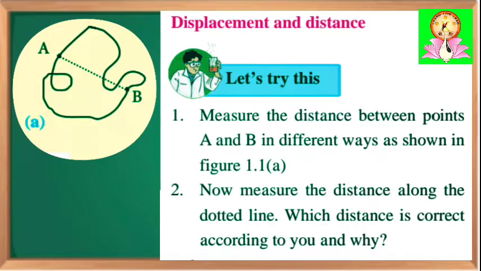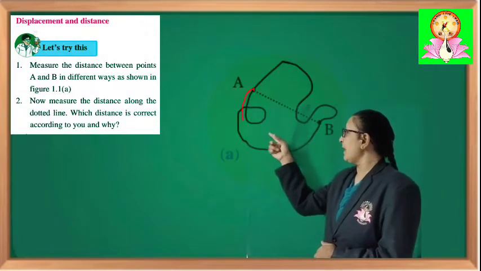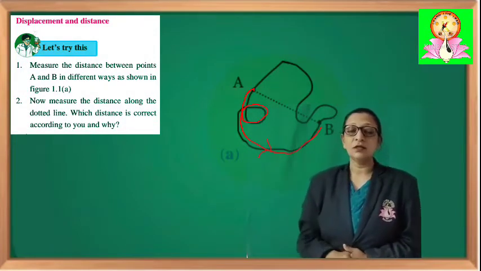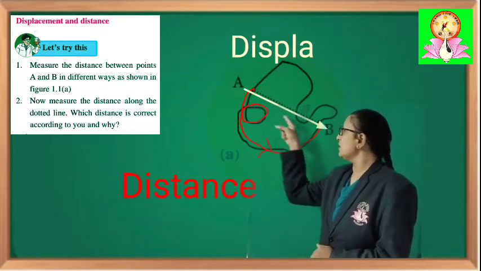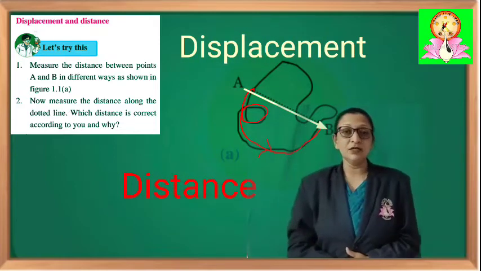Point 1. Measure the distance between points A and B in different ways, as shown in this figure, as well as along the dotted line. Which distance is correct according to you and why? Let us see the answer to these questions. The actual path covered by an object is the distance, while the shortest distance between the 2 points is displacement.